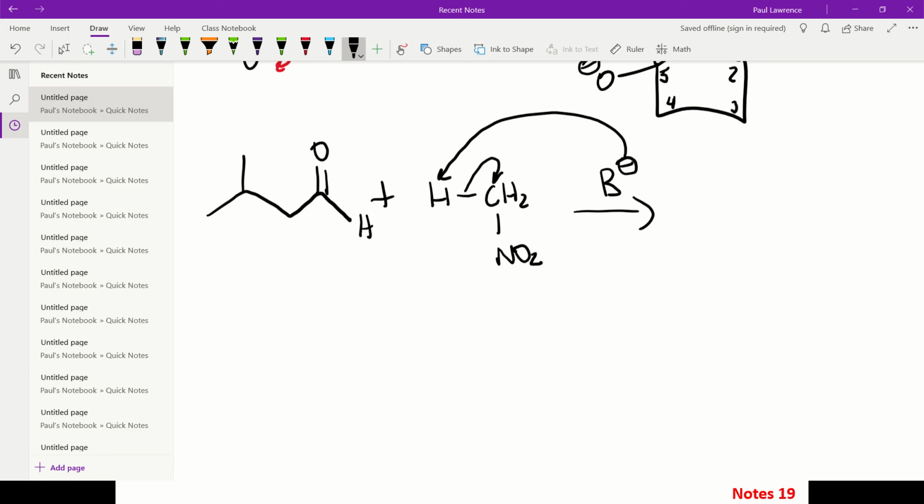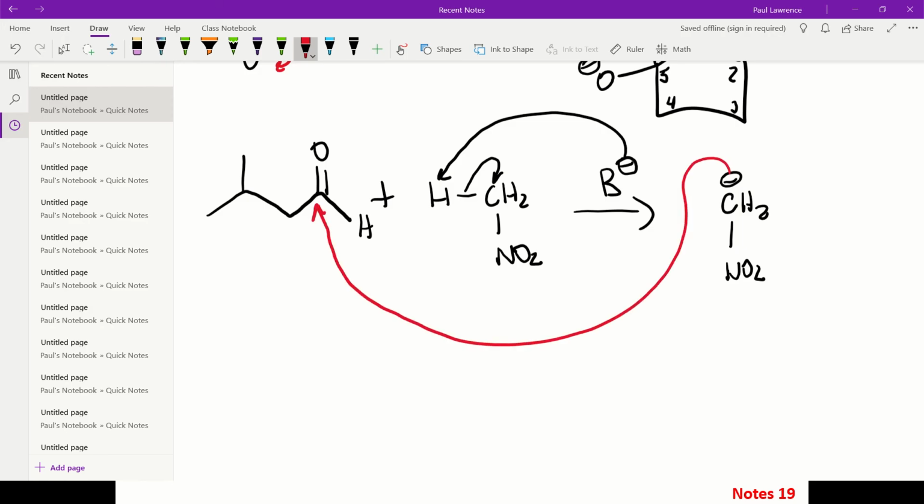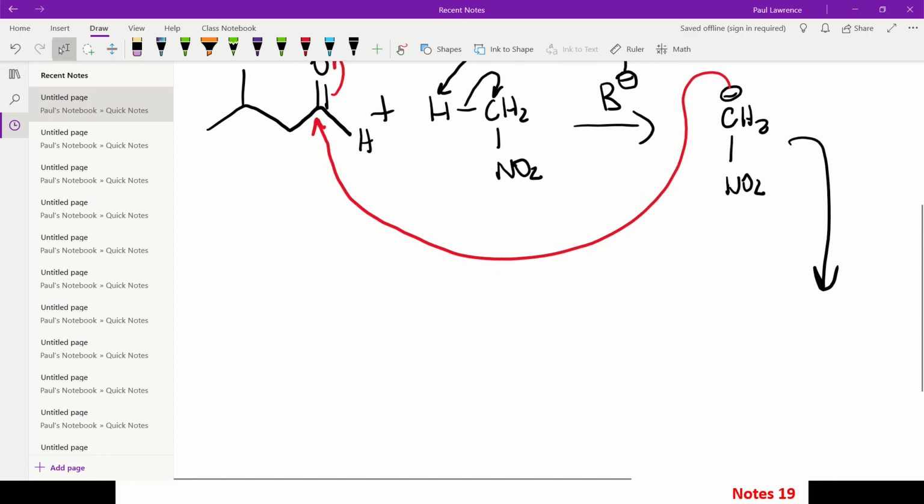Okay. And that's going to generate this species right here. And now that species is going to come and react with the aldehyde. And that's going to give us this intermediate here.